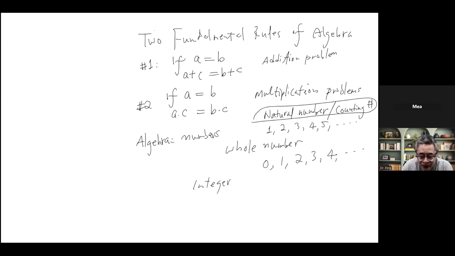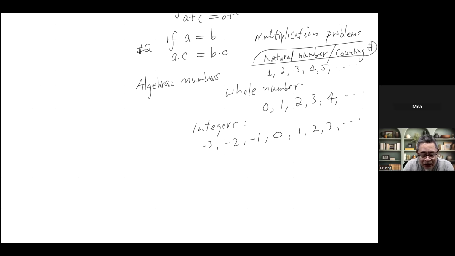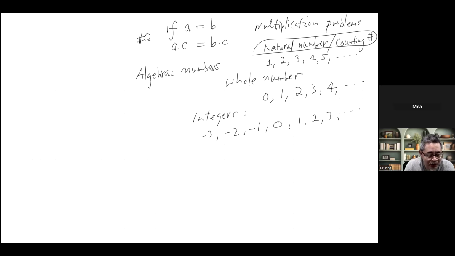Now, with integers we've got negatives, -1, -2, -3, and 1, 2, 3, 4. That's integers. And then the next number family is called rational numbers. A rational number has something like 2/3.